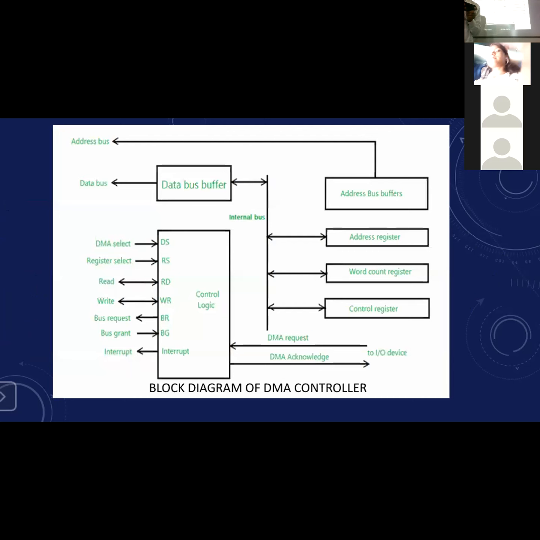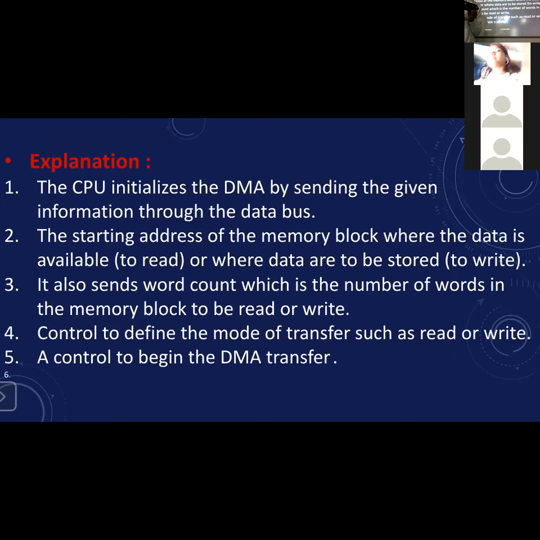This is the block diagram of DMA controller. The CPU initializes the DMA by sending the given information through the data bus: the starting address of the memory block where the data is available or where data are to be stored.